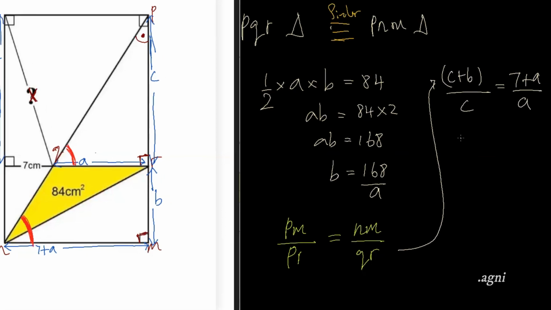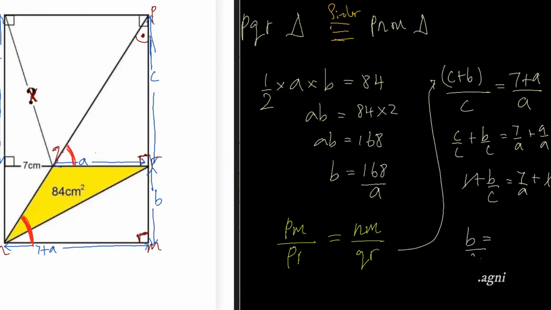So we can actually divide each term by the denominator, right? We have an addition, so this addition can be divided separately by the denominator. So that's going to be C over C plus B over C equals 7 over A plus A over A. So C over C is 1, plus B over C equals 7 over A plus 1. So the 1s get cancelled.